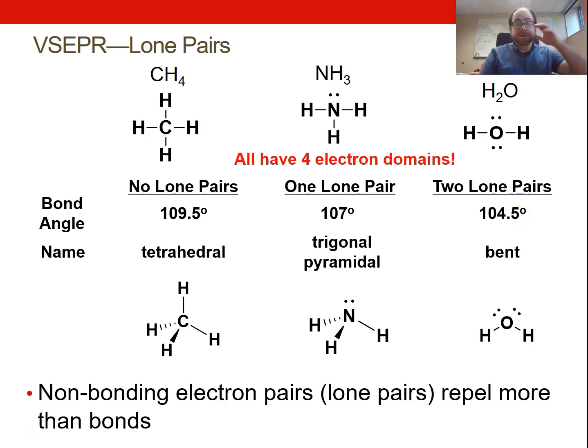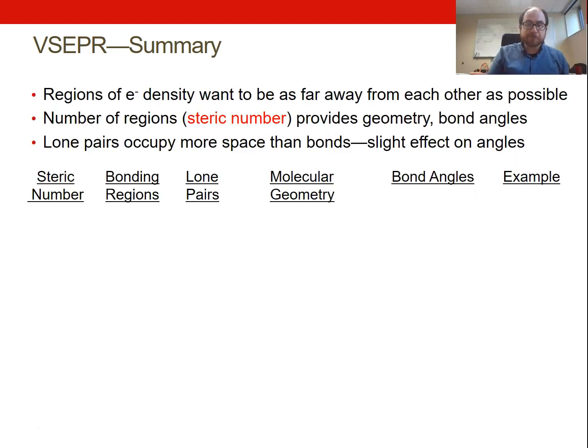So again, we have to identify the number of lone pairs and the number of bonds around that central atom to identify both the angle and the name associated with it. To quickly summarize, valence shell electron pair repulsion theory, or VSEPR theory, is defined by the number of regions of electron density around our central atom.